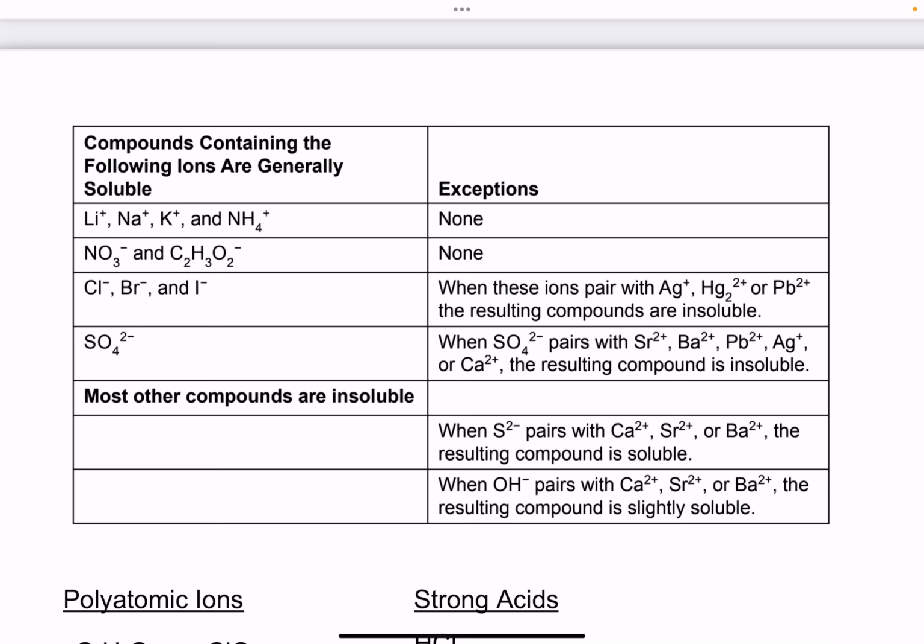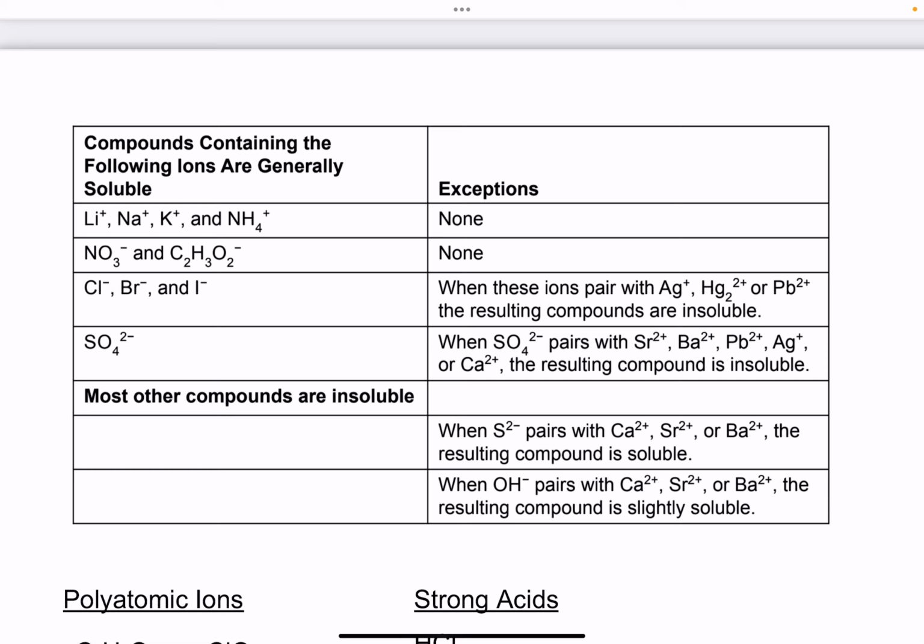These are the times when it will form a solid. So that's why lead iodide is a solid. Sometimes people have a hard time interpreting what those mean. So these things are soluble no matter what they're paired with, unless there's an exception listed, and then it's just those specific combinations that are not soluble.